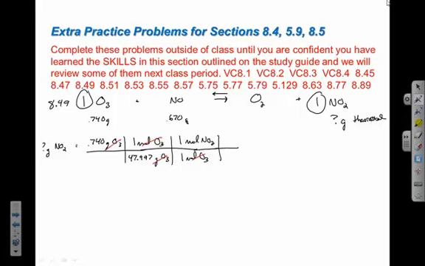And then I want to convert that into grams. So I would get the mass of the nitrogen, 14.007, plus 2 oxygens, and that's 46.005.